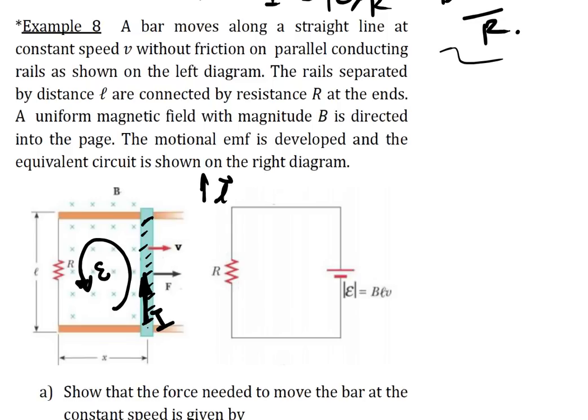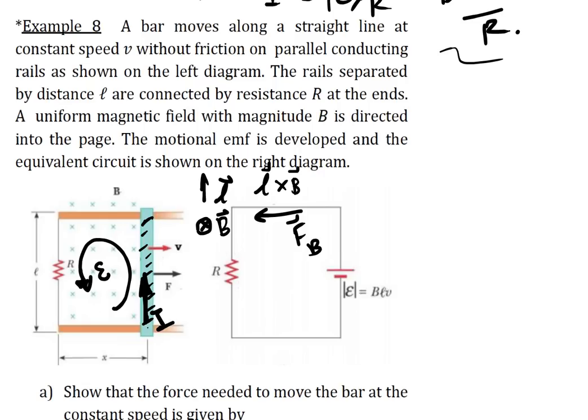The displacement of the current, or the vector L, is going upward. When the magnetic field is going into the paper, using the right-hand rule, L cross B will give you the Lorentz force, or FB, going to the left-hand side.